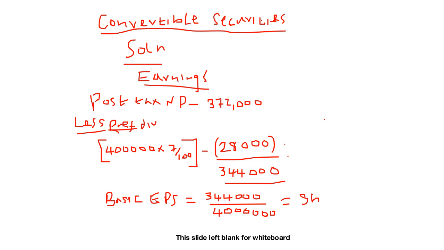Okay, Cosmas Kipleting, 0.086 shillings, which you can write in cents as 8.6 cents.